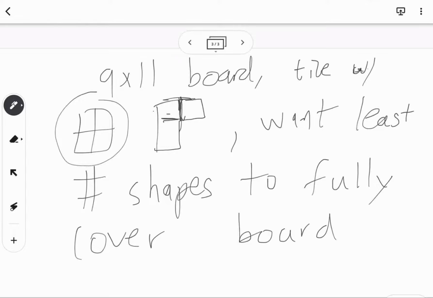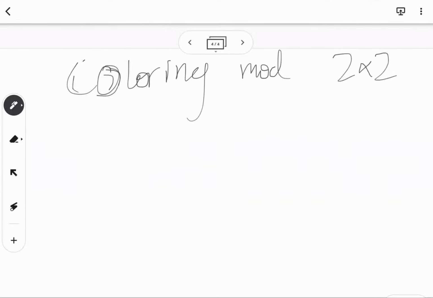The coloring that we want to use, I call it coloring mod 2 by 2. Instead of the N coloring that we had before, where every diagonal is a different color, in this coloring, you look at each 2 by 2 square.